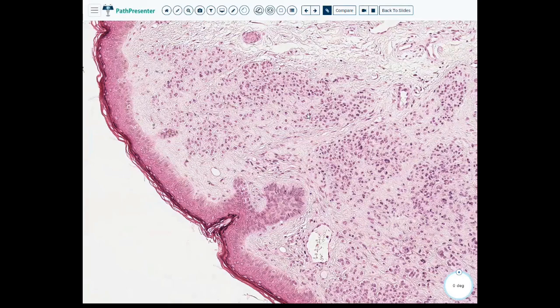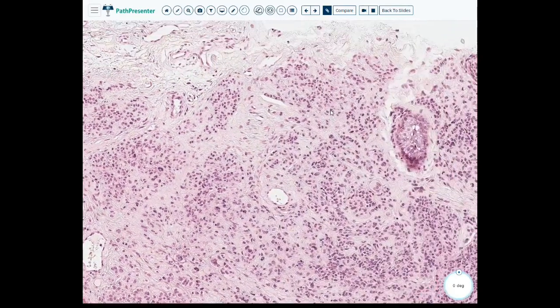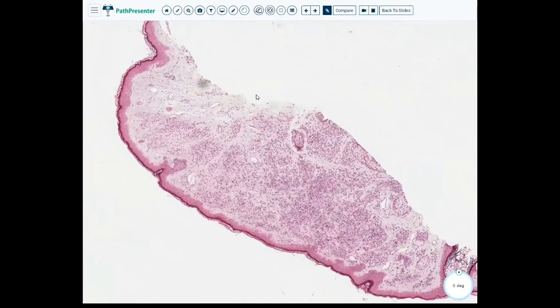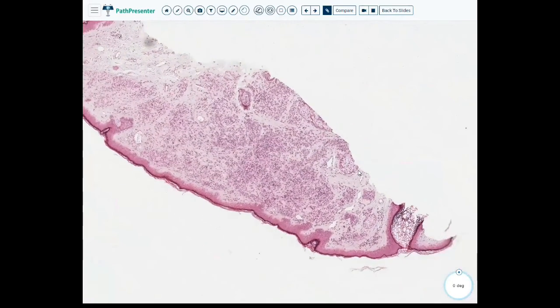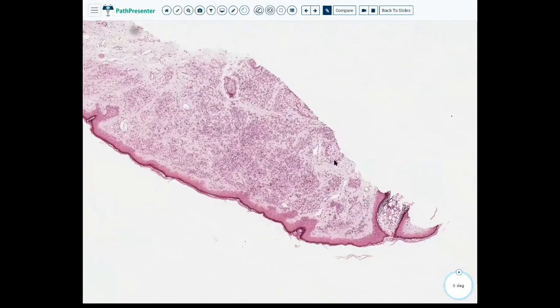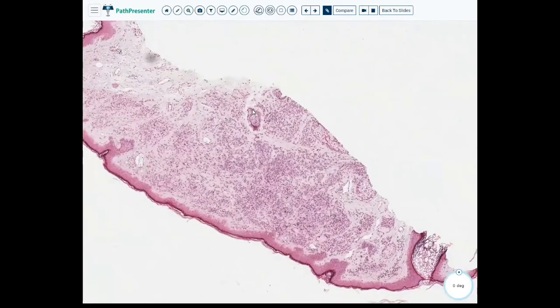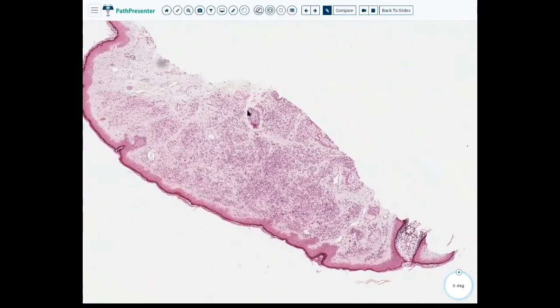I would probably just mention in a note that it's present at the deeper section margin. This isn't necessarily something that they would go back and excise, but they may if this was maybe a prominent nevus, like on their face or something like that.